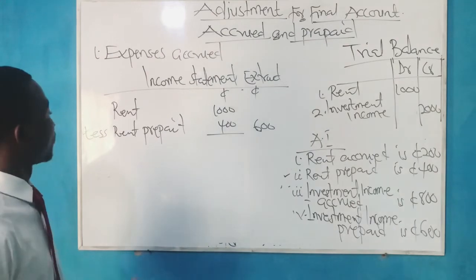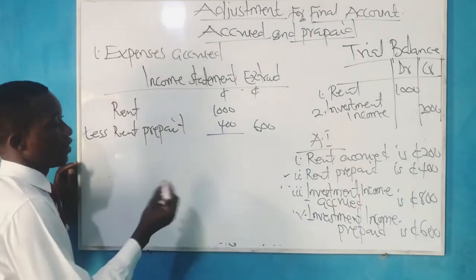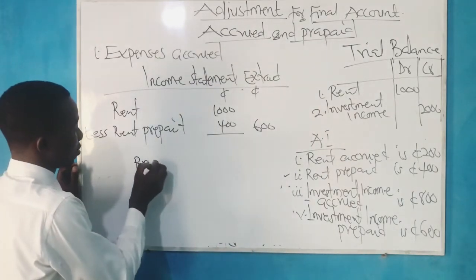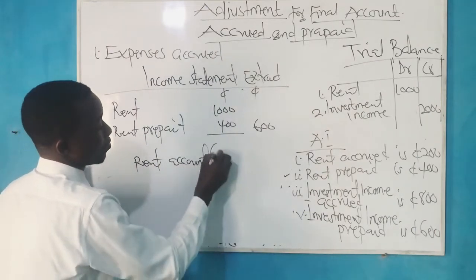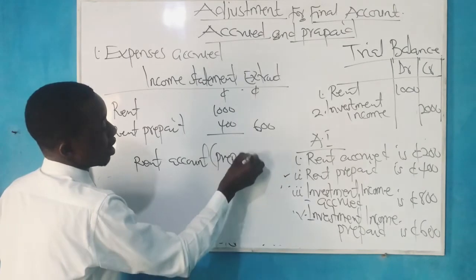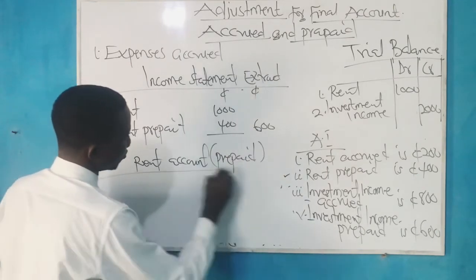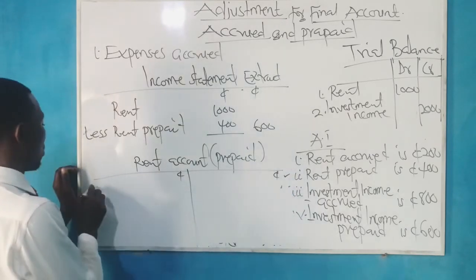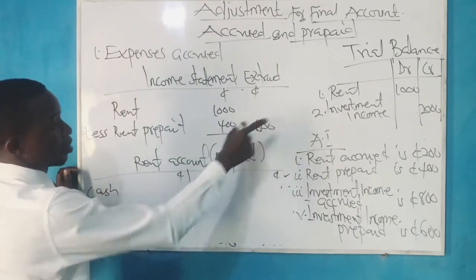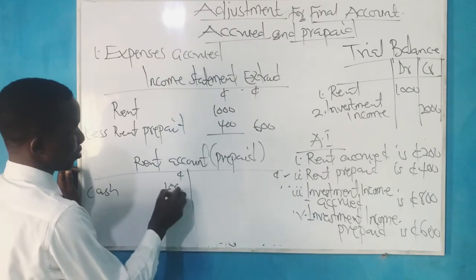So we are going to report this 600 cedis in the income statement. Okay, and anytime you are being asked to open the individual account, you have rent account, but mind you, it's prepaid. This time it's not accrued. Rent is an expense, so it will be recorded at the debit side. Rent of 1,000 cedis.